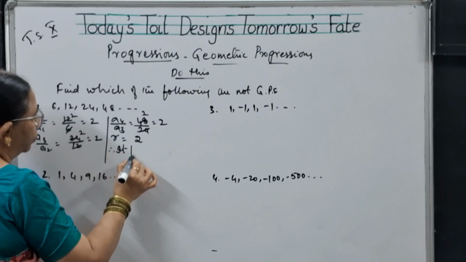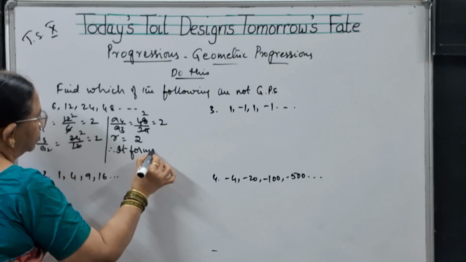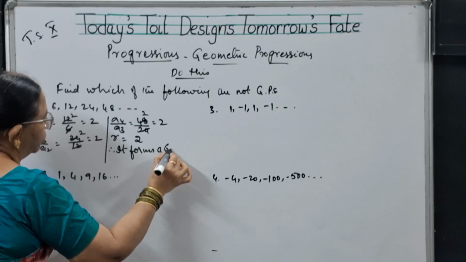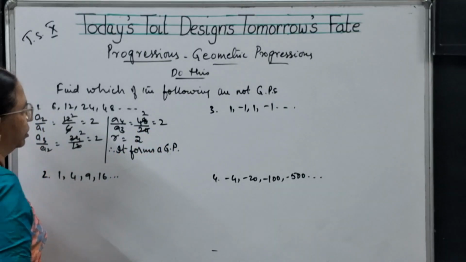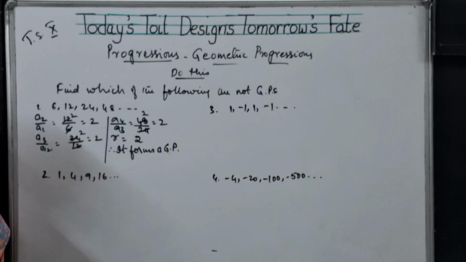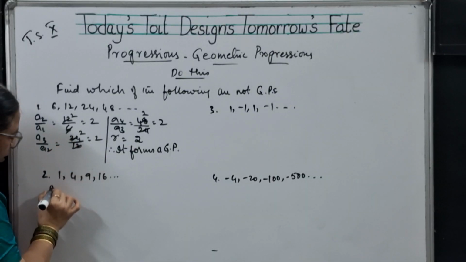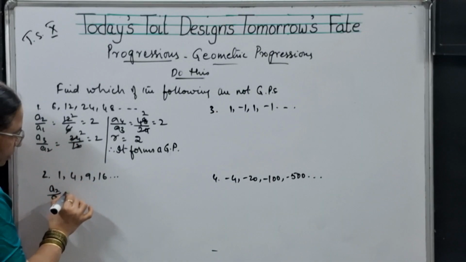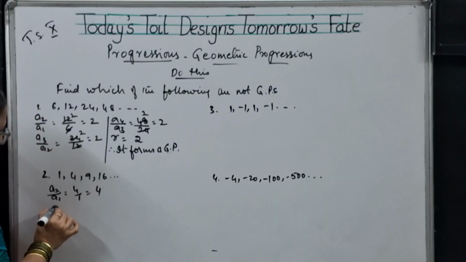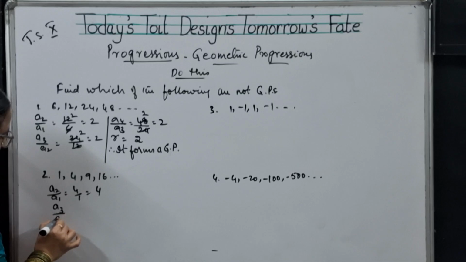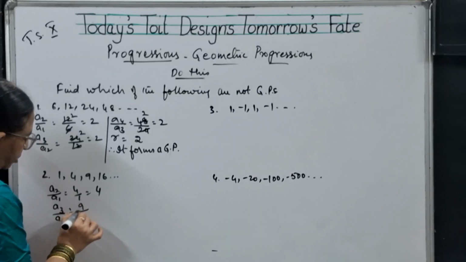Therefore, it forms a GP. So it is in GP, geometric progression. The first one is a GP. Second one. So A2 by A1, 4 by 1, that is 4. And A3 by A2, 9 by 4.